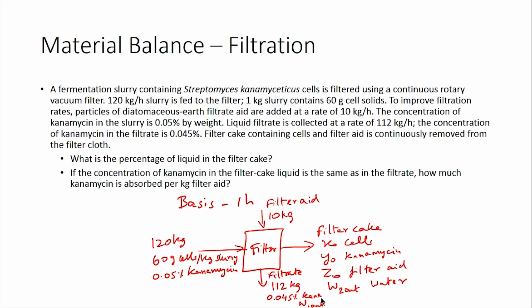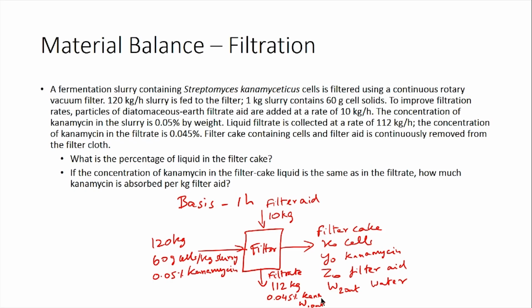Now if you look at the concentration of kanamycin, which is the dissolved component, in the filter feed and the filtrate, you would see that there is a decrease, which indicates that some of the kanamycin which has been fed to the system has actually been absorbed by either the diatomaceous earth filter aid or the cell solids itself.